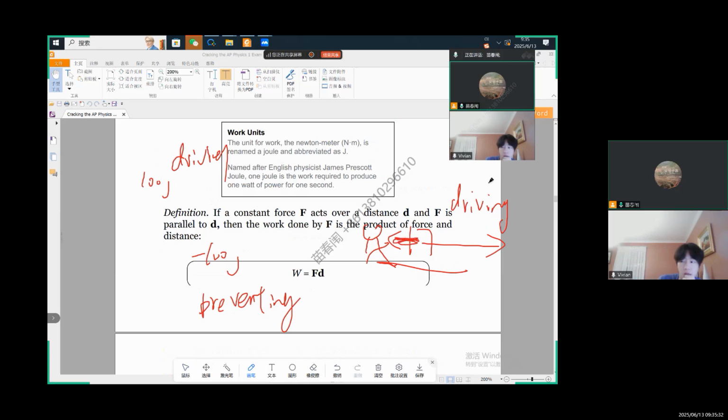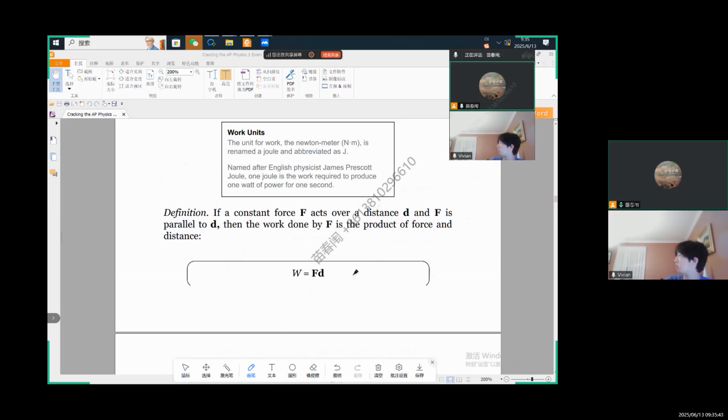So we say this is positive and this is negative, but it does not indicate direction. It's just driving work and preventing work. The example is your motorcycle. The motor is always doing driving work, but the friction normally does preventing work. So I can say one is positive, the other is negative.